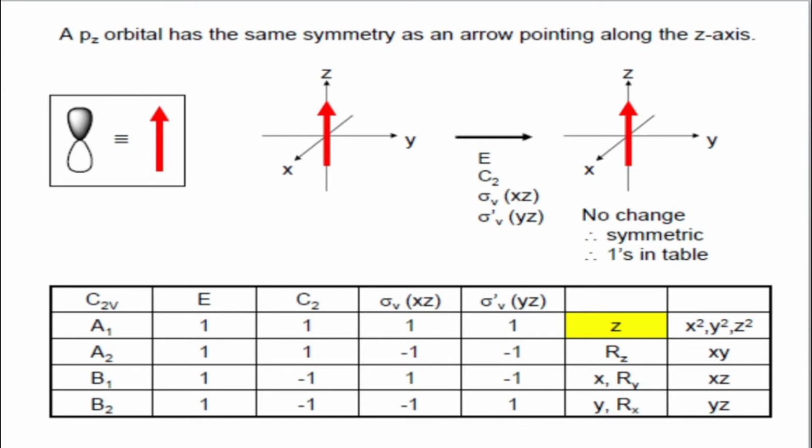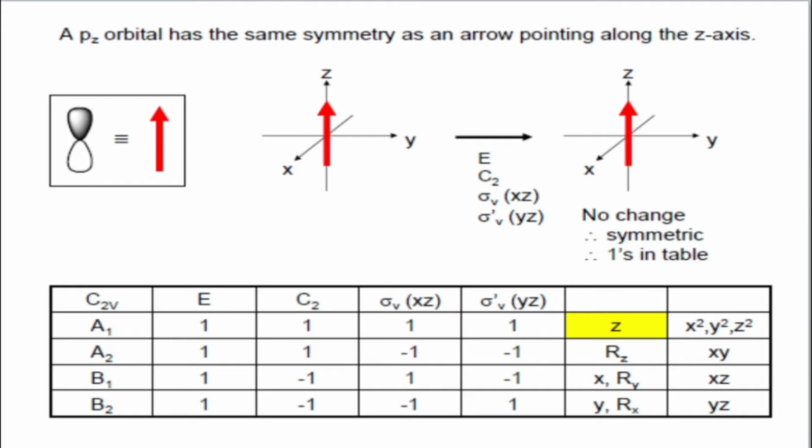If it changes, if it inverts, if it becomes opposite, then it is antisymmetric. So I have to give the mark -1. It will be the character for that particular operation. If there is no change, then 1. So in the example that I am considering, 1 and -1, symmetric and antisymmetric, these two terms are sufficient.